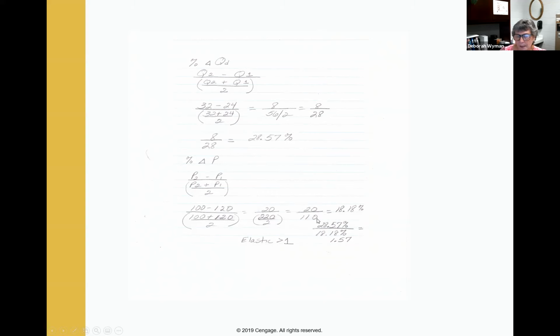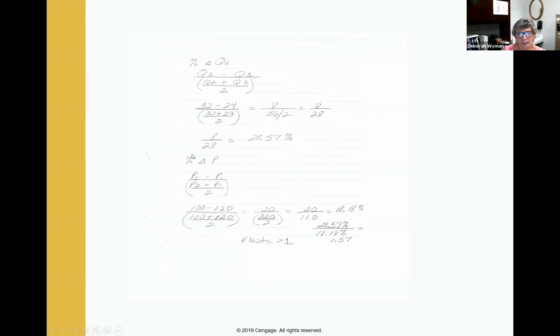Divide 20 by 110 is 18.18%. And then you divide the 2 percentages, 28.57% divided by 18.18% equals 1.57%. And since it's greater than 1, it's elastic.